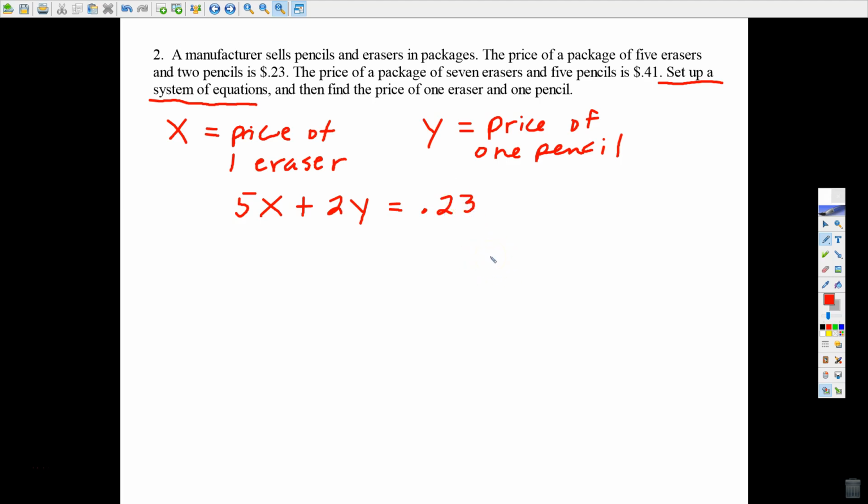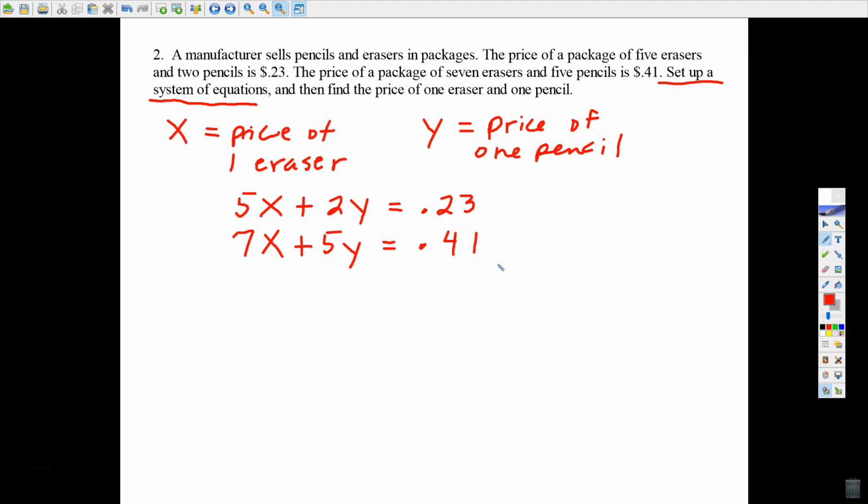That's one package. The other package is 7 erasers, so 7 times the price of one eraser plus 5 times the price of one pencil. That should total 41 cents.